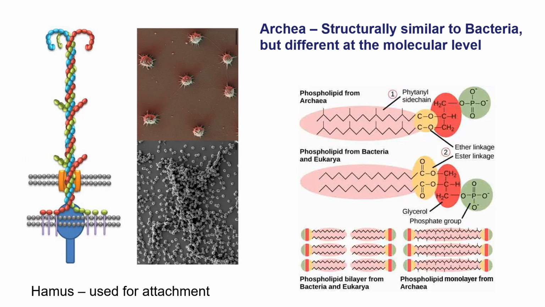But in archaea, we can have these long chains of fatty acids that stretch across the entire membrane, which is weird. Archaea also have these anchoring structures that we don't see in other cells, and they can use those to grab onto each other and cluster together for safety and support.